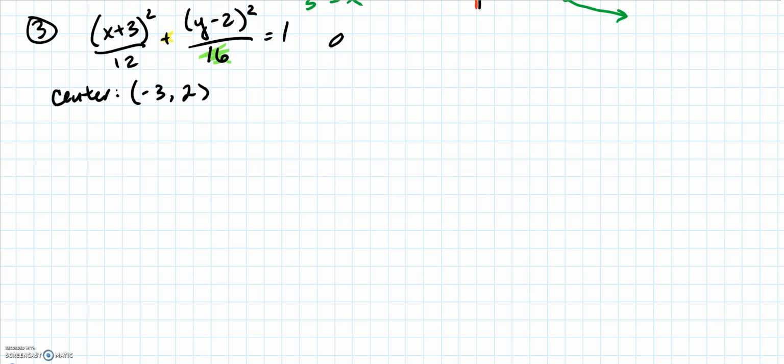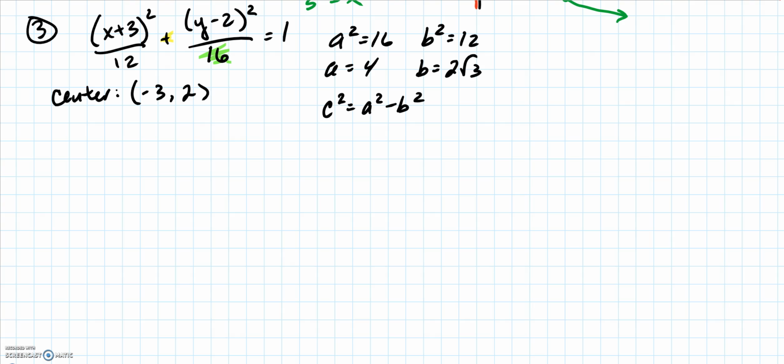A squared is the larger value, so that's 16, so a is 4. B squared is the smaller value, that's 12, so b is equal to the square root of 12, which is 2 radical 3. And then c we can find with a squared minus b squared. C squared is equal to 16 minus 12, so c squared is 4, so c is 2, and we're going to use that to find the focus.